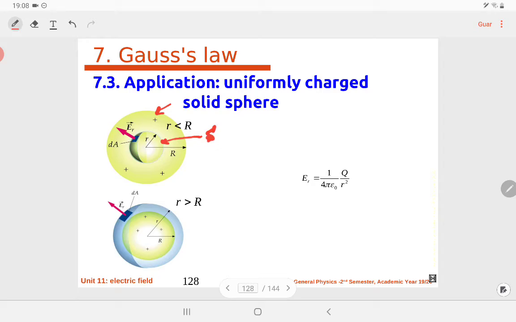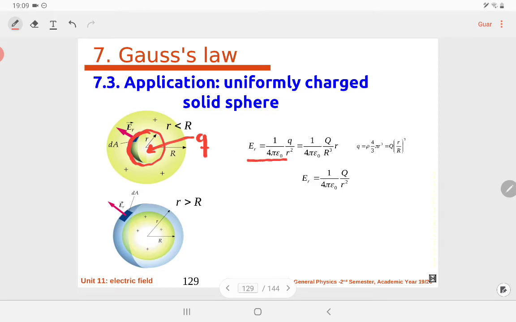This is S. Okay, so if we apply Gauss's law there, we will have that the electric field, if we call small q the total charge inside this sphere here, for a radius r which is smaller than big R, is given by this expression here.